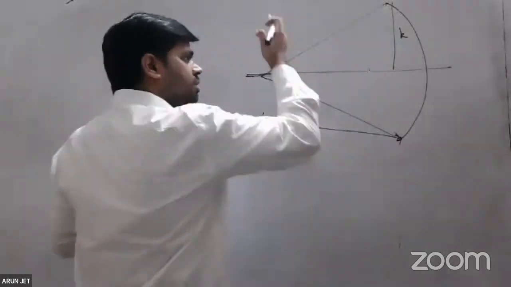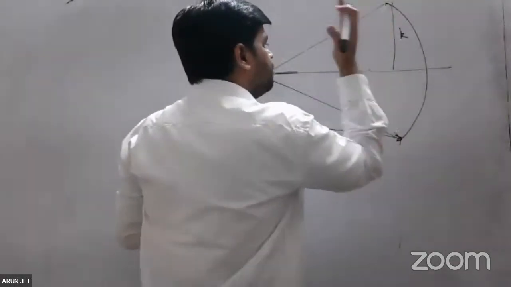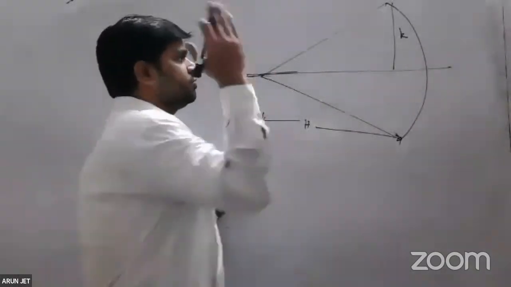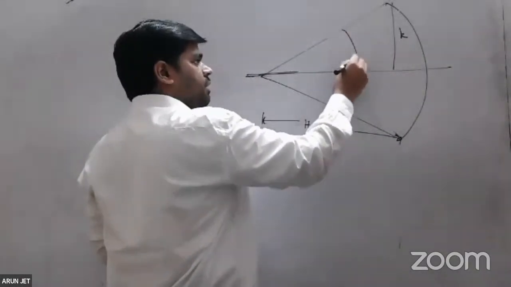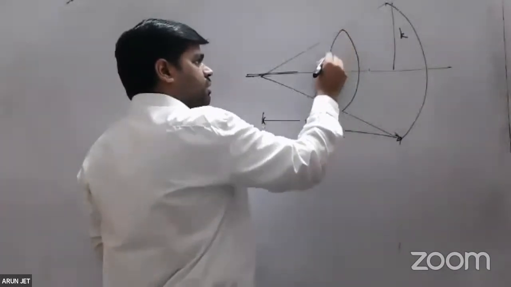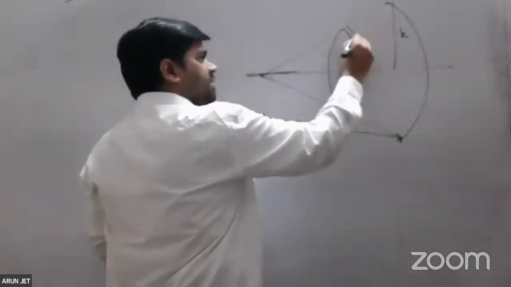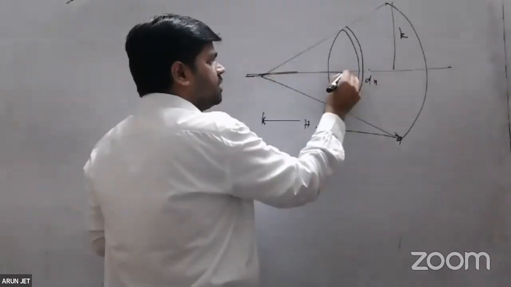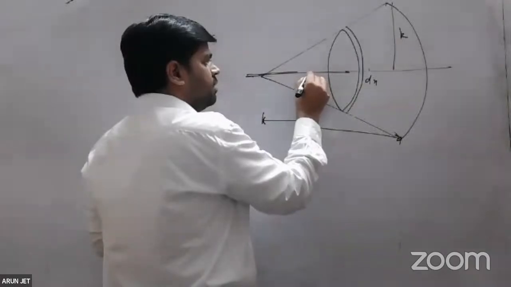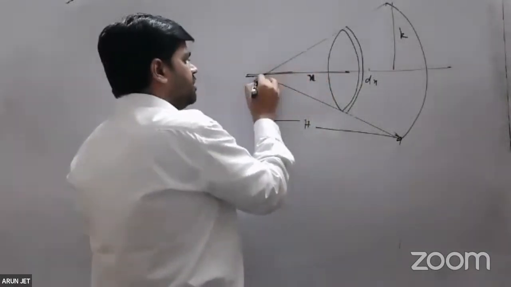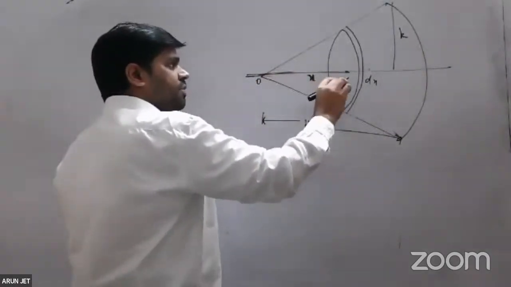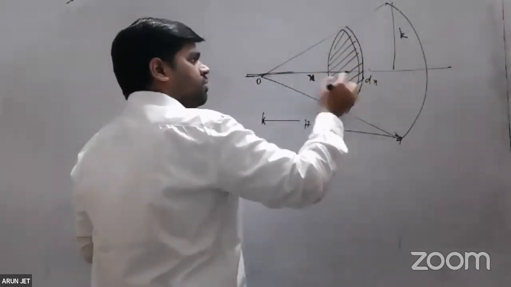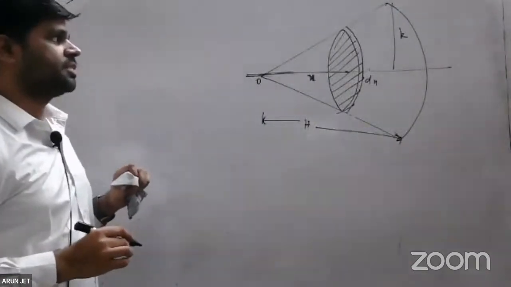I chop this cone into infinite number of infinitesimal pieces again. So when I chop, what I get is a circle. I'll take this as a very thin width dx. So at a distance x, this is my origin, at a distance x, I've got a thin disk of width dx.